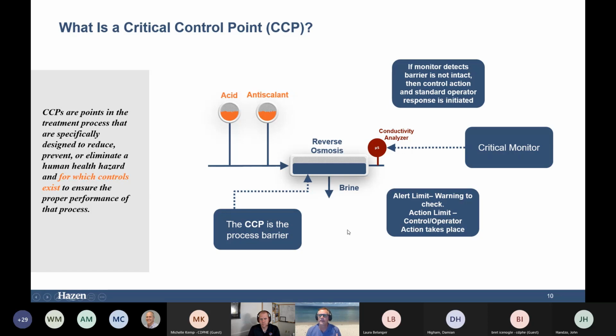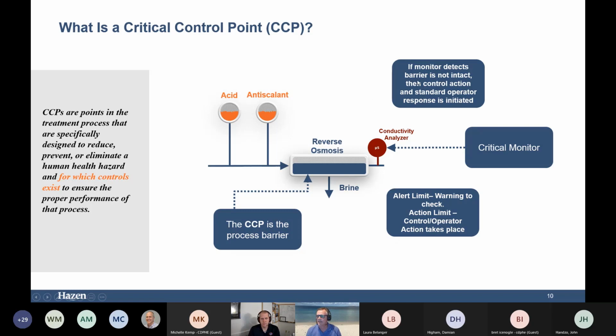As we walk through gathering up our microbial log removals for systems, this is often one of the challenges: how do we know what level of removal we're getting? In some cases, we're limited often by the monitoring capability across a process to determine what level of removal we're counting on for that particular barrier.